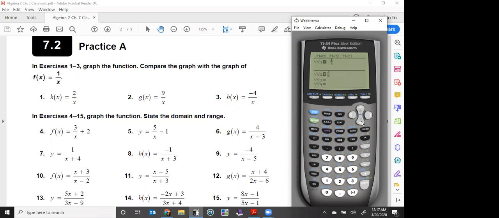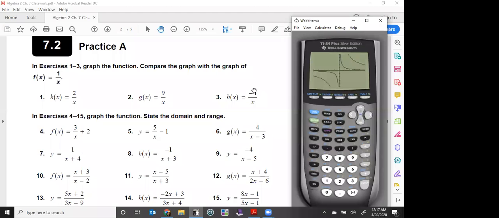Okay. If I come down here and I change that 2 to a 9, well, it's going to be a vertical stretch by 9. So I should see it stretched out even further. See, it's way out here now. So for number 2, I have a vertical stretch by 9.